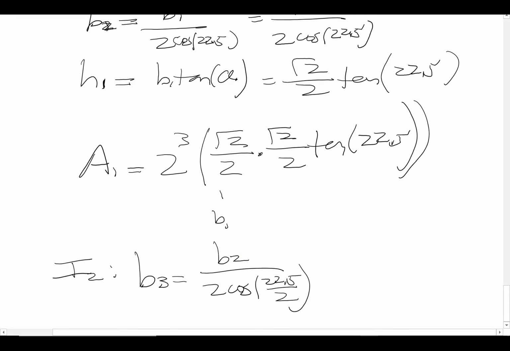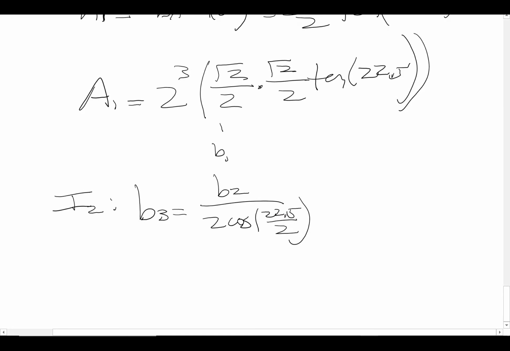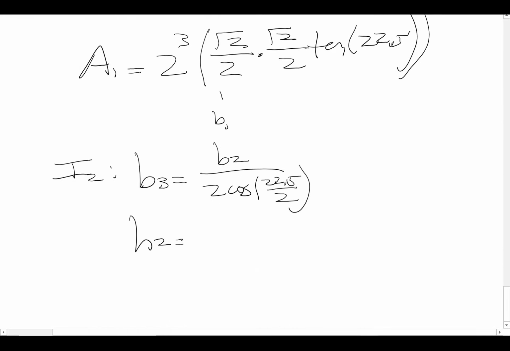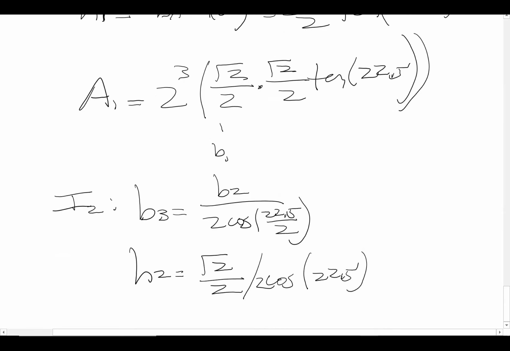We solved for B2 up here, and we input that to get B3, and then H2. We already know that this is root 2 over 2 divided by 2 cosine 22.5, and remember this is tangent 22.5 over 2.